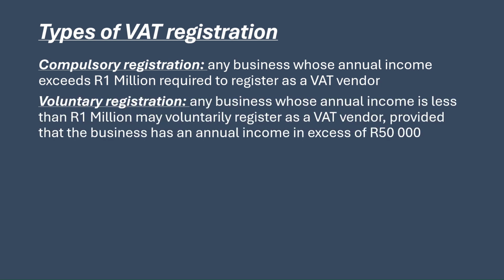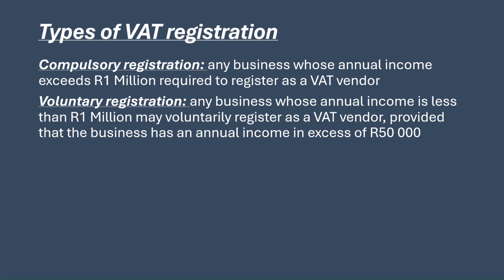Then let's talk about voluntary registration. It says that any business whose annual income is less than 1 million rand may voluntarily register as a VAT vendor, provided that the business has an annual income in excess of 50,000. So if your business makes 50,000 in a year, you can voluntarily register as a VAT vendor, but it's not a must.